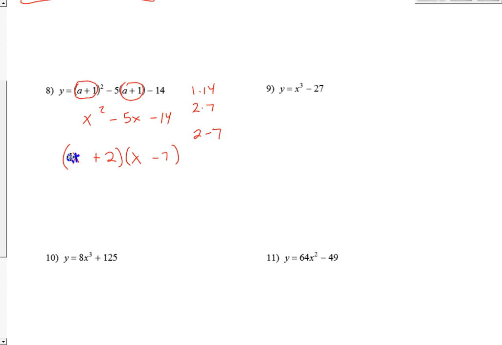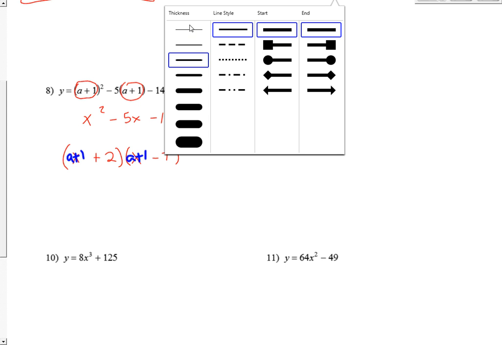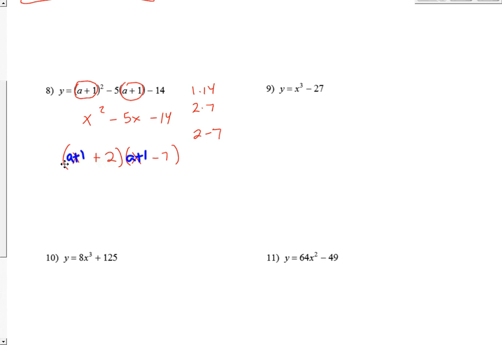I'm going to put a plus 1 there, and a plus 1 there, and then simplify. So think about what I have here. I have a plus 1 plus 2, which is a plus 3, and I have a plus 1 minus 7, and 1 minus 7 is negative 6. So I get a minus 6. And those are going to be my two factors.